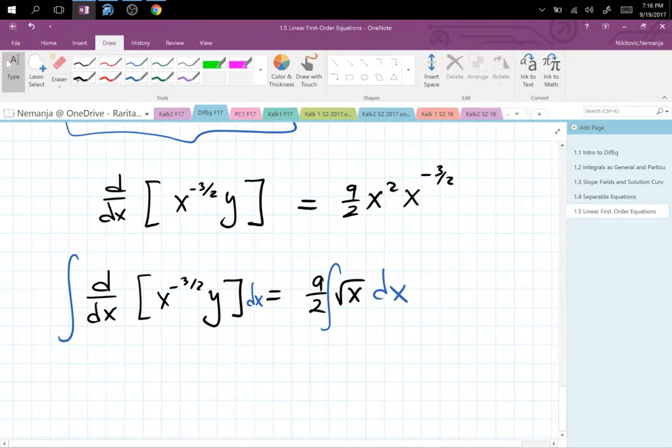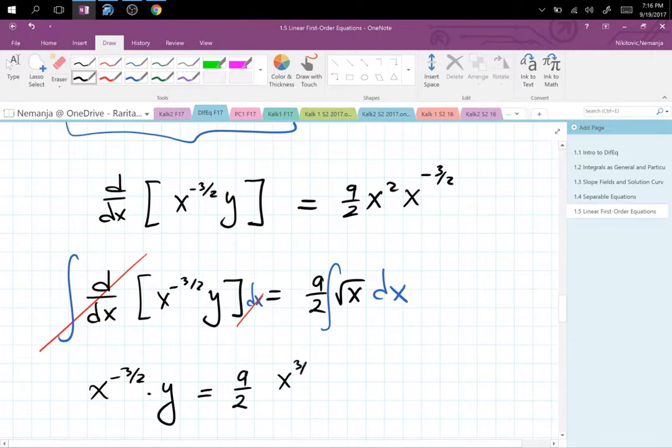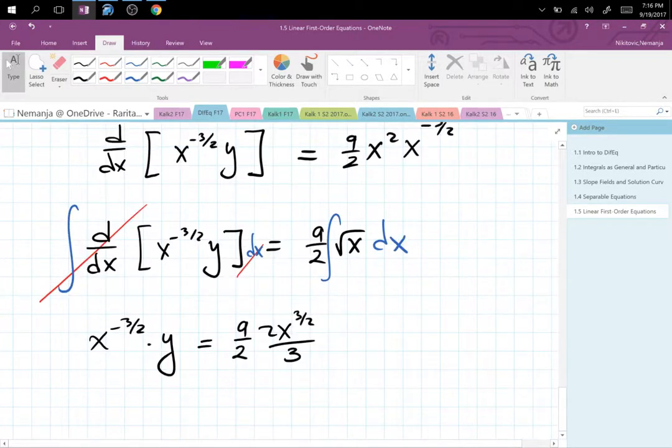On the left-hand side, the derivative kills the integral, and you are left with x to the negative 3/2 times y. On the right-hand side, you have your 9/2 coefficient copied, and the integral of root x is x to the 3/2 divided by 3/2. And then these numbers also cancel.